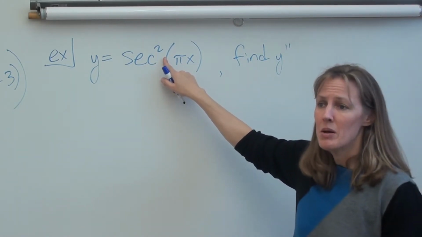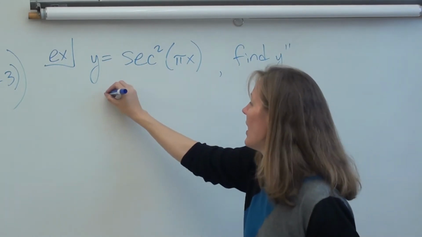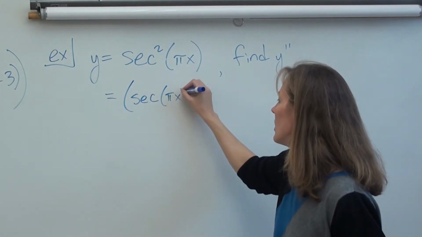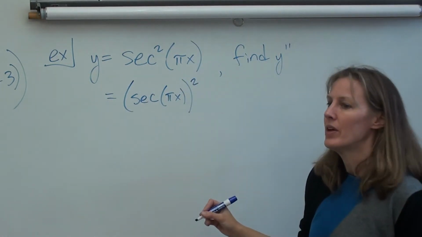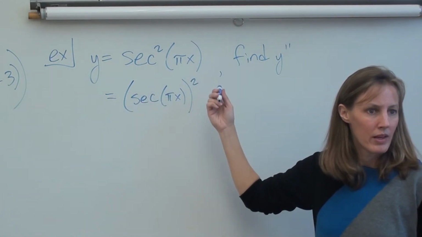I use it all the time. But when you have to do a derivative, it's misleading. You might want to get in the habit of rewriting your function like that, because this makes it a little bit more obvious that you have to do chain rule than this one.